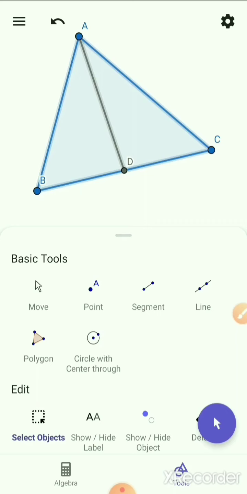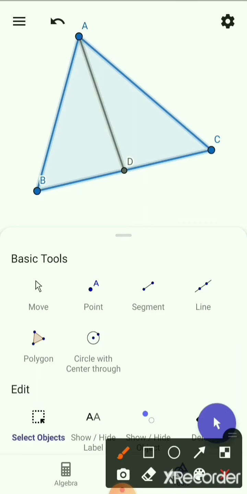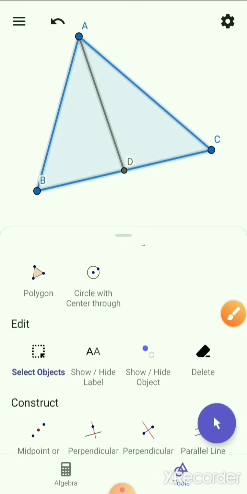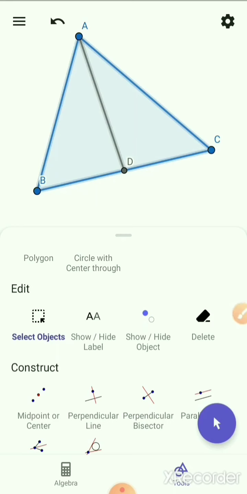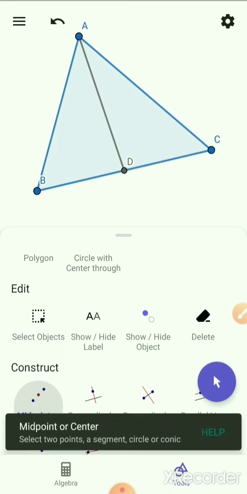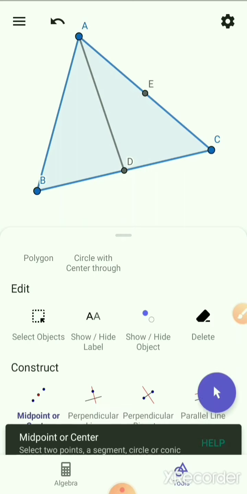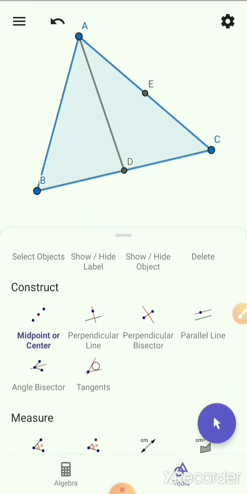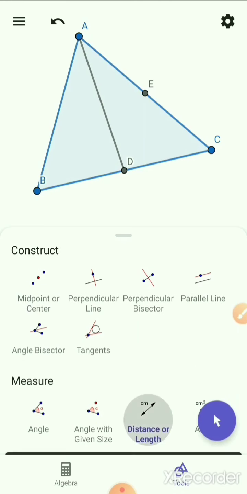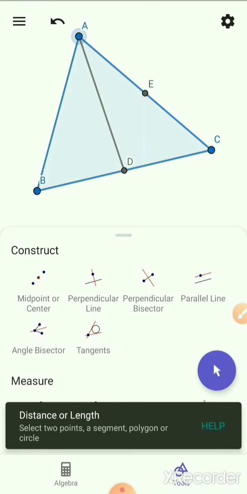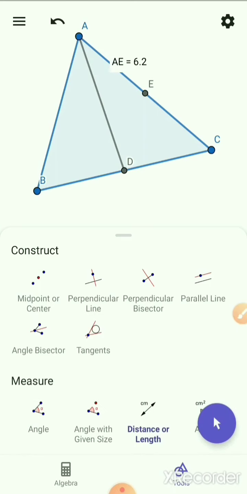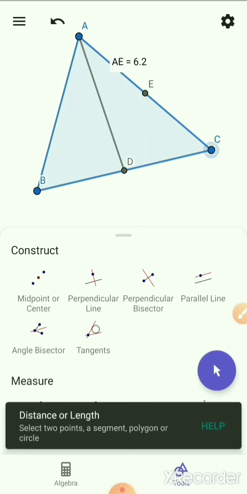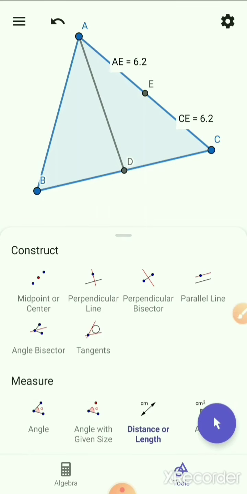Now I am going to draw a median of side AC. How will I draw a median? First I have to find its midpoint. So let's find the midpoint of AC. It's point E. How will you come to know that E is the midpoint of AC? Let's measure the distance of AE and CE. The distance of AE is 6.2 centimeter, and the distance of CE is again 6.2 centimeter.